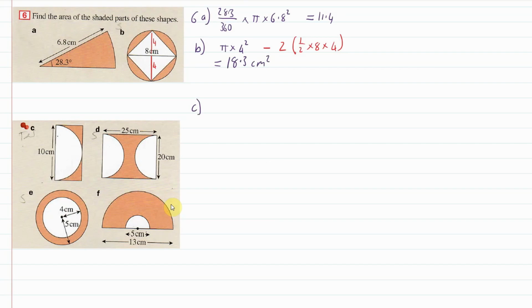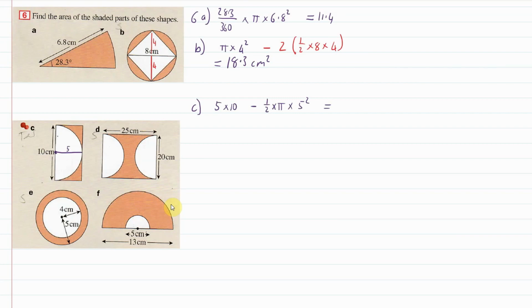You can see that you have a rectangle, and we're taking away a half circle from it. Now, if this is a rectangle, you can see that this bit here is 5, because the circle has a radius of 5, half of 10. So we're going to go rectangle, 5 times 10, which is the area of the rectangle, take away 1/2 a circle, 1/2 times pi times 5, which is the radius, squared.